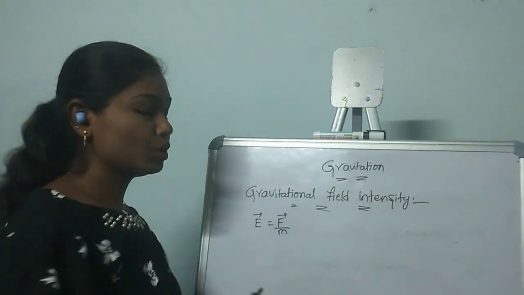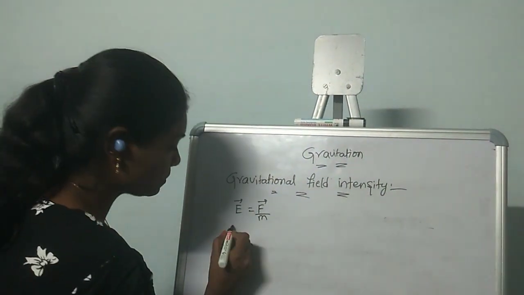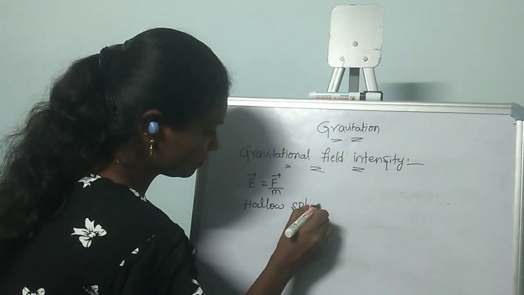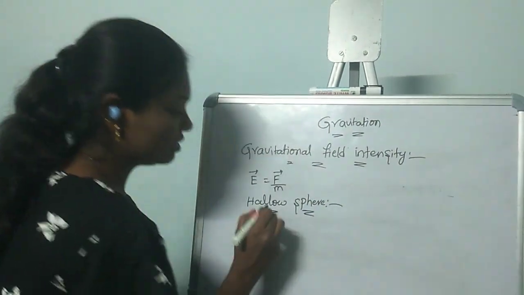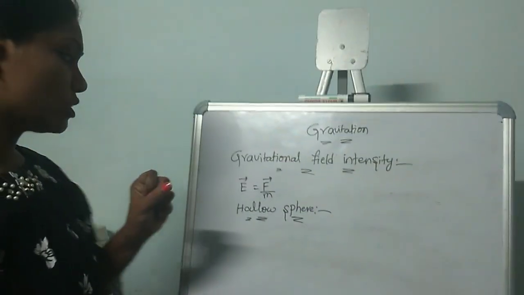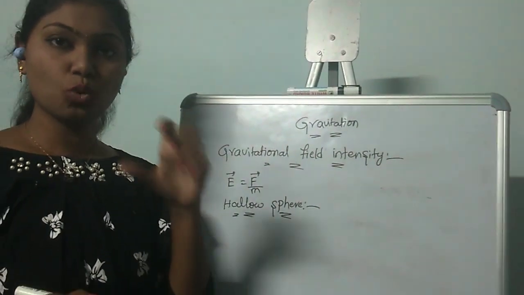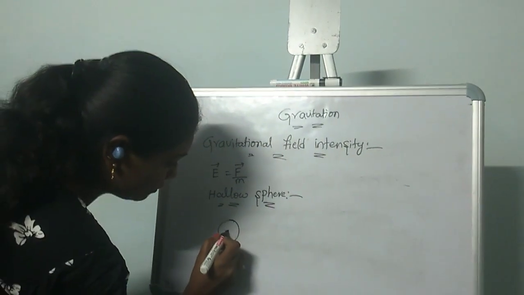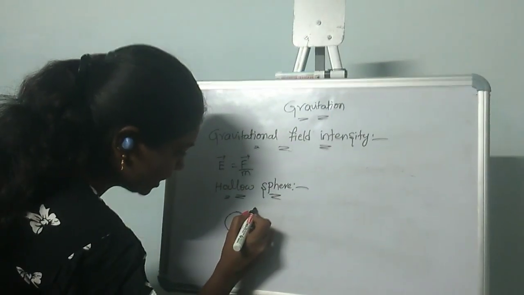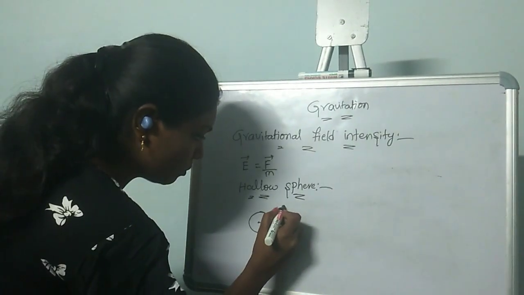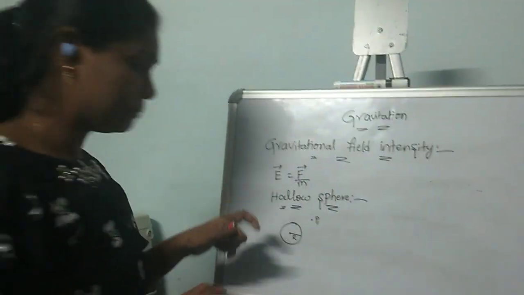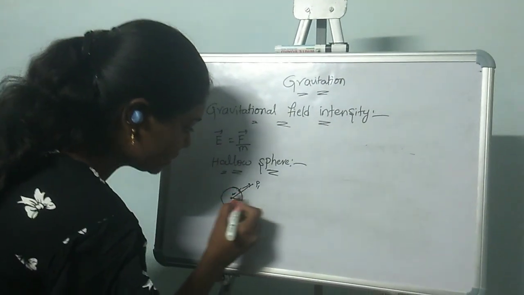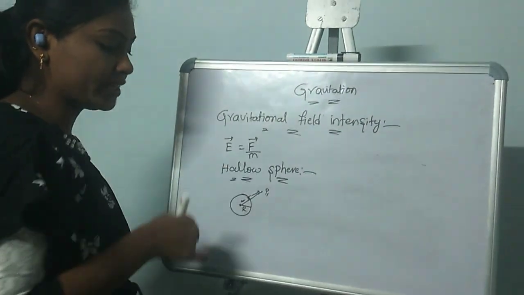We also need to know about a hollow sphere and a solid sphere. For a hollow sphere, there is no mass inside. So we take a hollow sphere of radius R. We take a point P1 outside the hollow sphere, which has a mass m, at a distance r from the center of the hollow sphere.